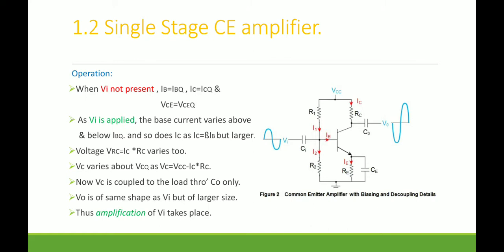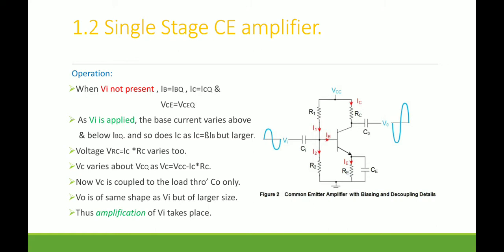VC varies about VCQ, as VC is equal to VCC minus IC into RC. Now VC is coupled to the load through the C0 output coupling capacitor.